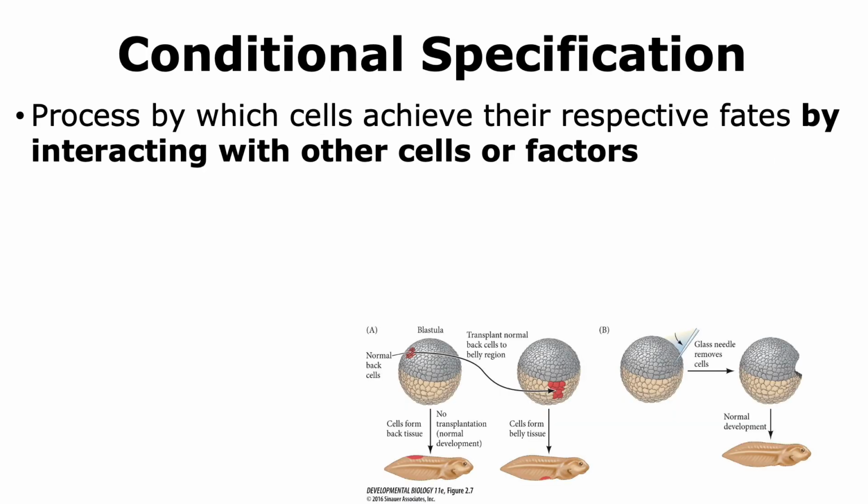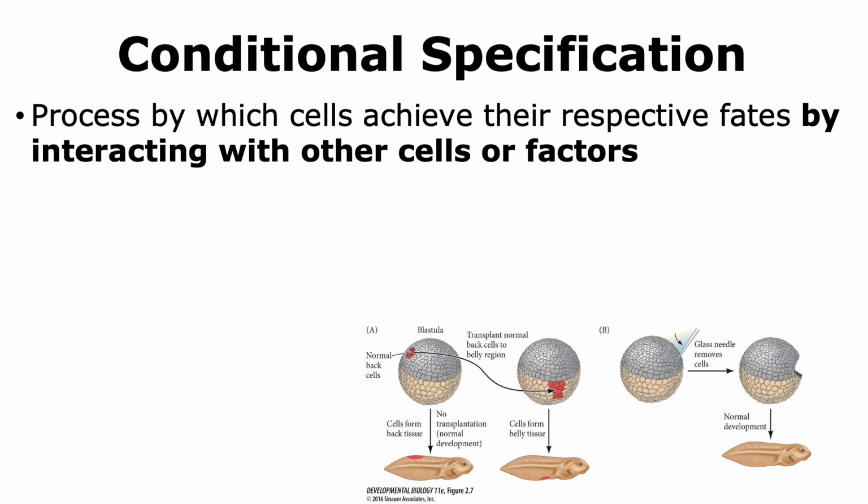The second type of specification is conditional specification. In this process, the cells achieve their respective fates by interacting with other cells. In the case of autonomous specification, the cell did not have to interact with other cells to determine its fate.